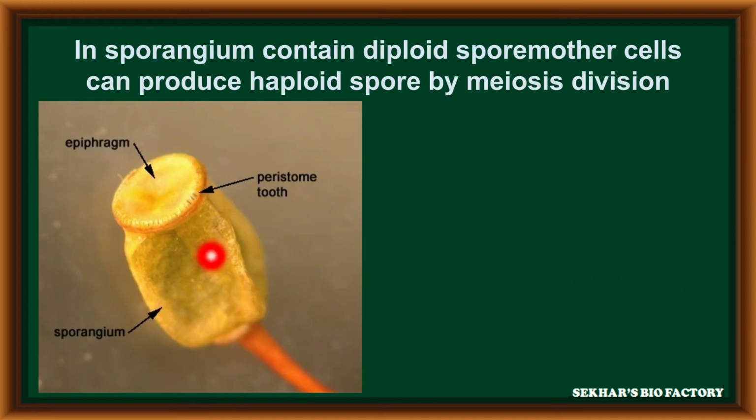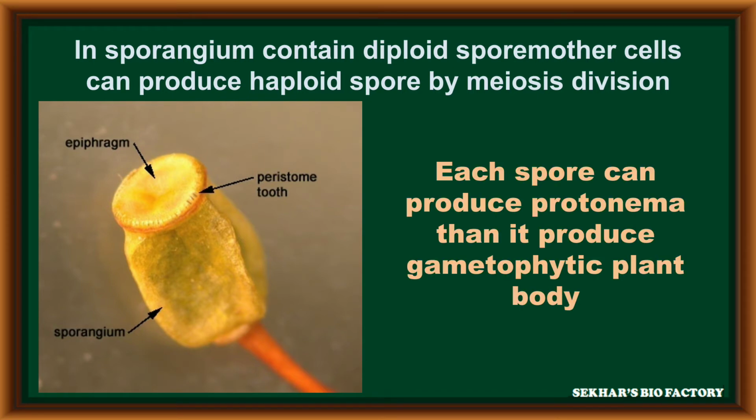Inside the sporangium, it contains diploid spore mother cells. These diploid spore mother cells produce haploid spores by meiosis. Each spore produced inside the sporangium, when released outside, can produce protonema. Then this protonema produces the matured gametophytic plant body.